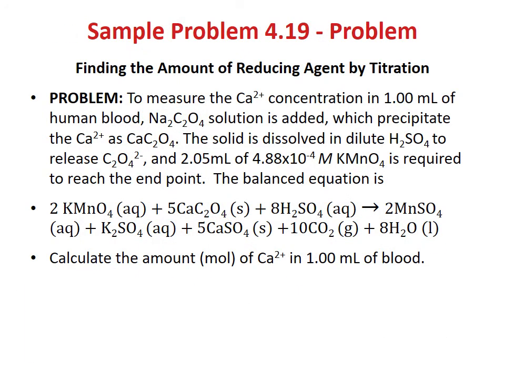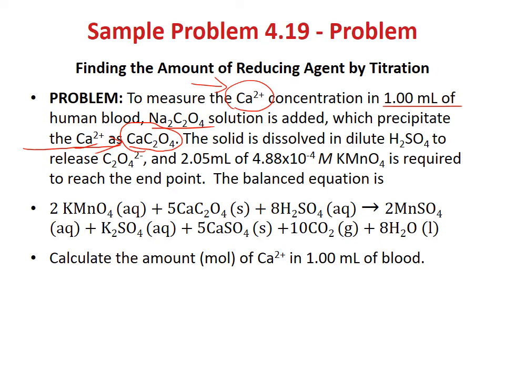Sample problem 4.19. In this problem, we want to measure calcium cation concentration in 1 milliliter of human blood. To do that, we use sodium oxalate solution to precipitate calcium ion into calcium oxalate as a solid. Now, if we know the amount of calcium oxalate solid, then we know the amount of calcium ion in the solution.